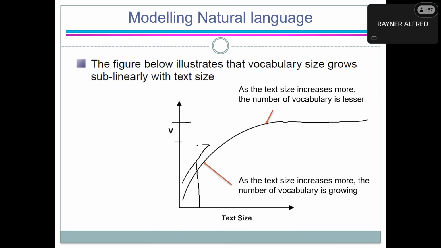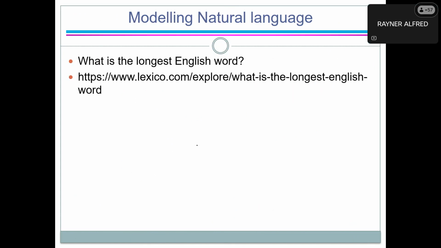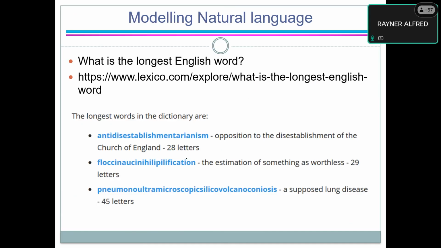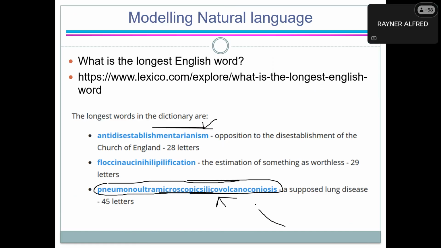For example, this term right here, we never heard about this, right? And this is the longest one. So as you can see, the bigger the text size, we somehow cannot regenerate a new term from this, because this is very specific. That means for this we only have one vocabulary entry. Okay.